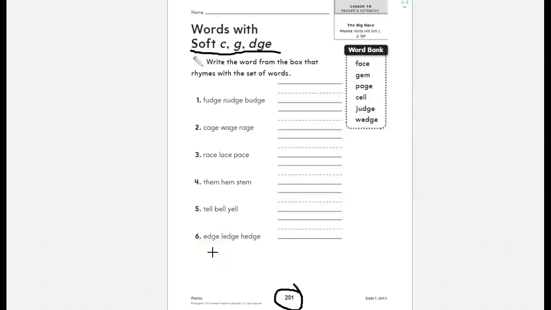And for our last set of words, we have the words edge, ledge, hedge. Which word would rhyme best? Face, gem, page, cell, judge, wedge. Which word from the bank would best rhyme with edge, ledge, hedge? Write the word in the blank.